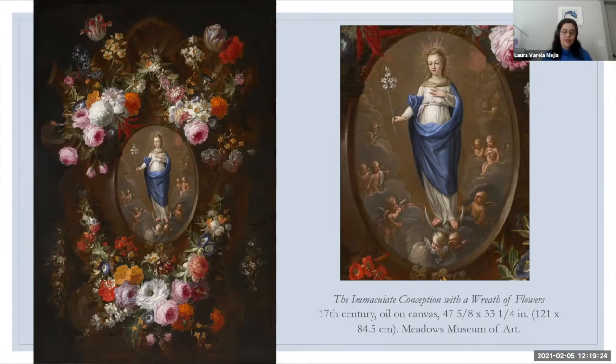We do have one more additional layer that we cannot see technically because of the digital format, but there is the extra frame that surrounds the painting when it's hung on the wall.